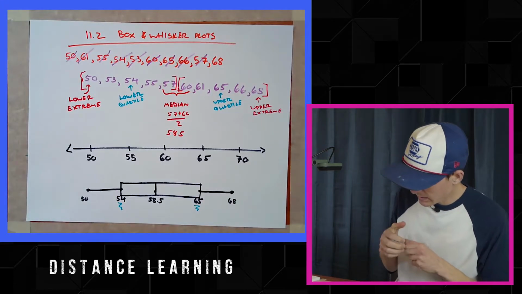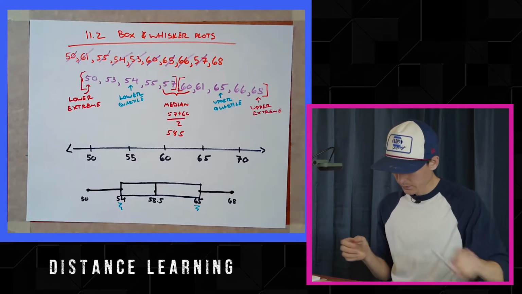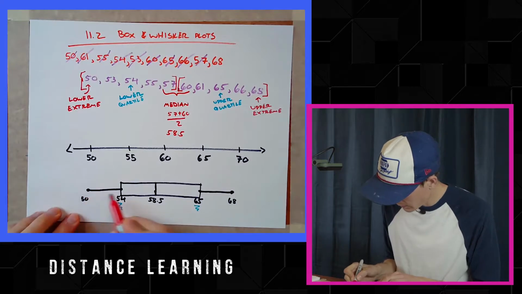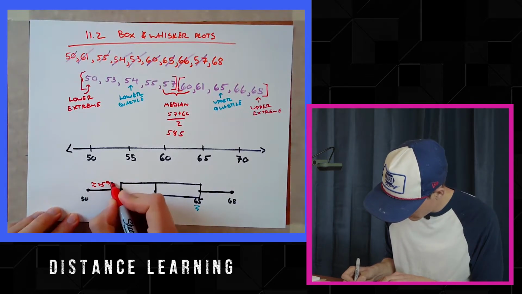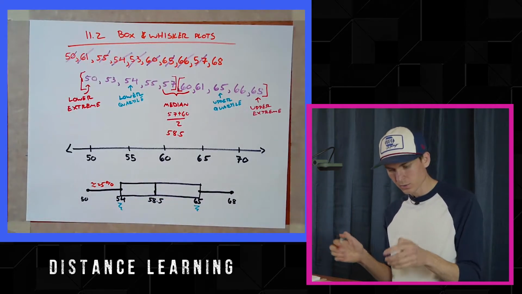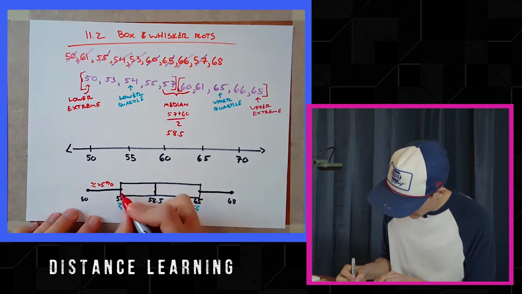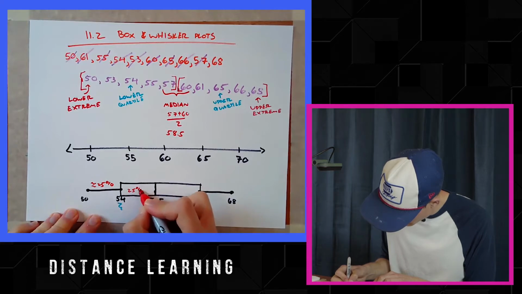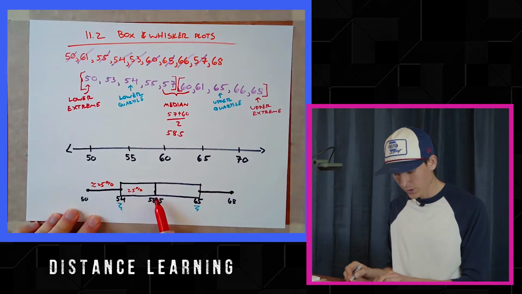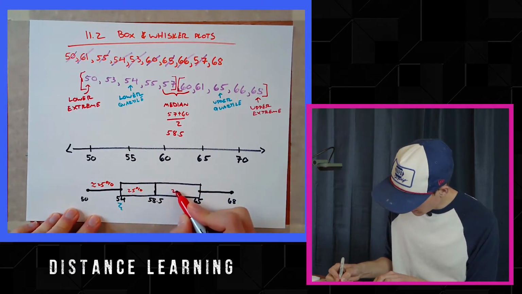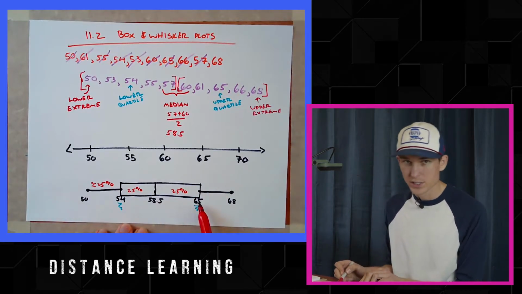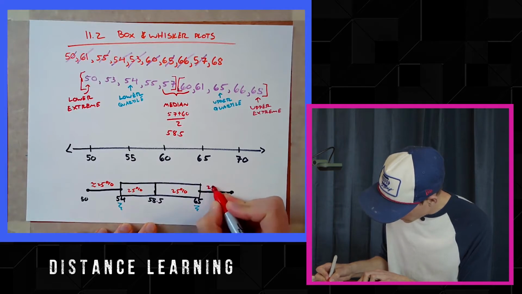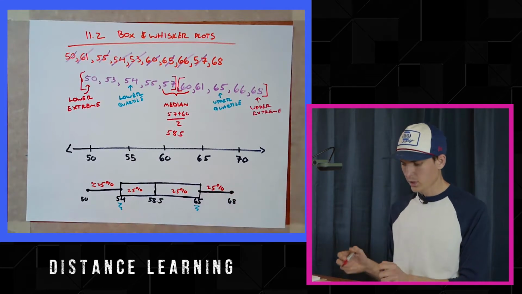Now, basically, what it means is from 50 to 54, roughly 25% of your data will fall between there. About 25% of the data will fall between 54 and 58.5. About 25% of data will fall between 58.5 and 65, and about 25% of your data will fall between 65 and 68.